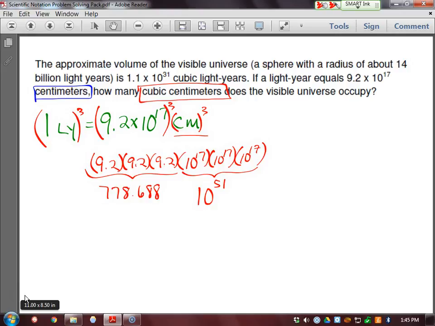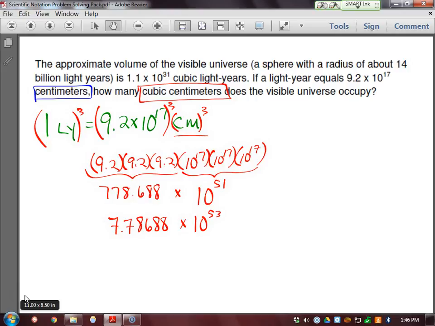And that's not quite in scientific notation yet, so we have to move the decimal. Since it's going 51 places to the right already, we're going to need to make it 7.78688 times 10, and since we moved the decimal two more places, it now has to move 53 places, so it's times 10 to the power of 53.